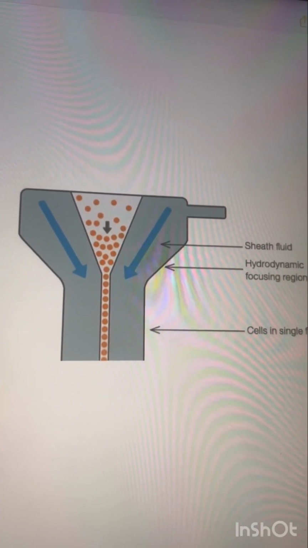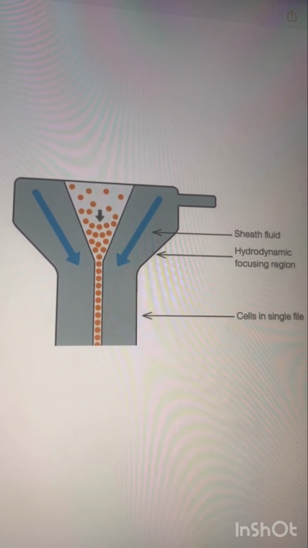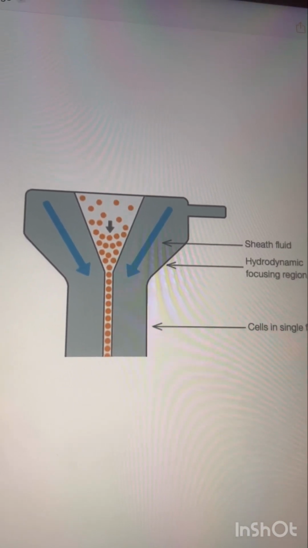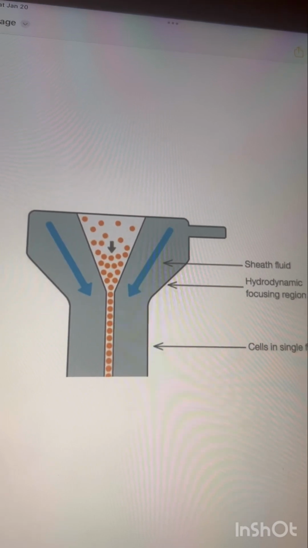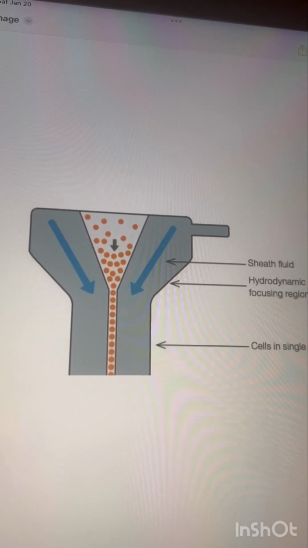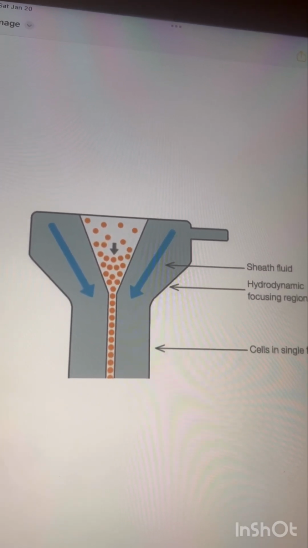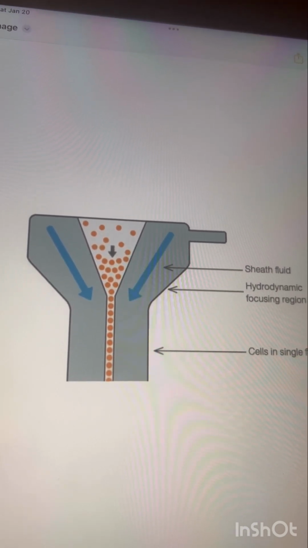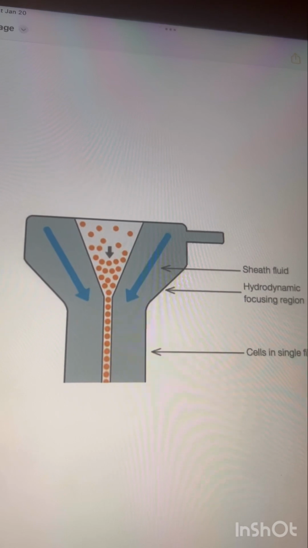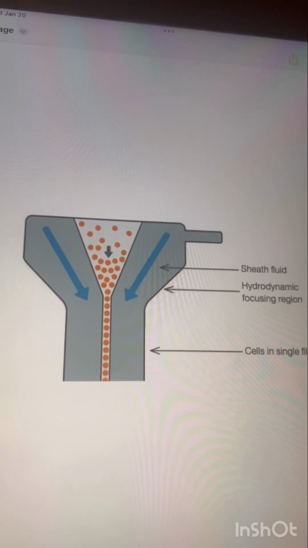Again, if the sheath fluid velocity is higher, it is very advantageous for flow cytometry because it helps in faster cell analysis. Again, when the sheath velocity is higher, it helps to maintain a narrow core diameter, and ultimately it helps to avoid coincidence.